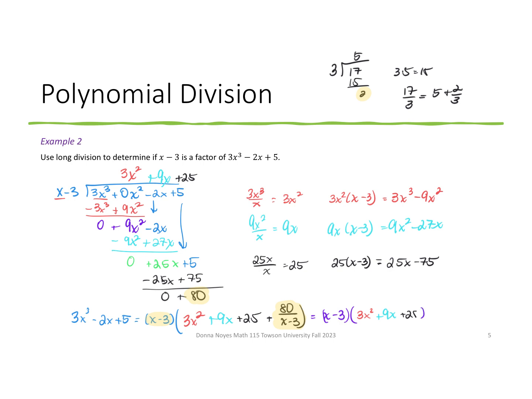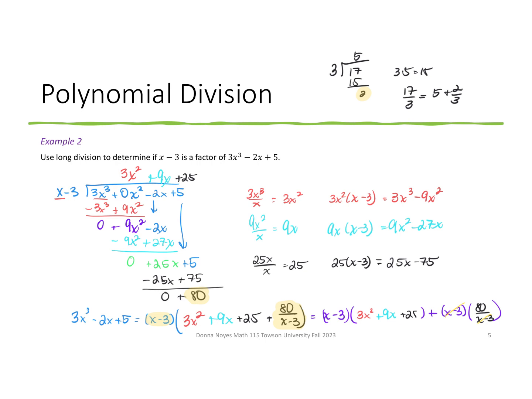But let's also say it's the same as plus our x minus 3 times our 80 over x minus 3. And something really, really cool happens now, because now we can cancel out these x minus 3's and essentially just be left with our remainder.